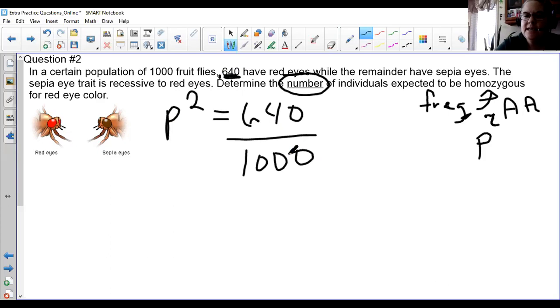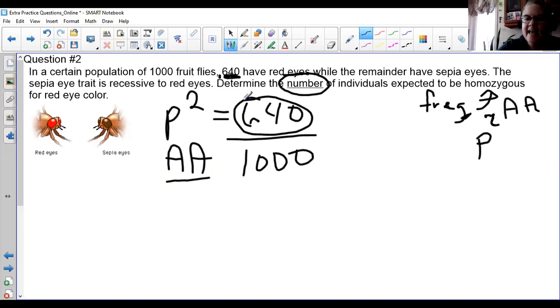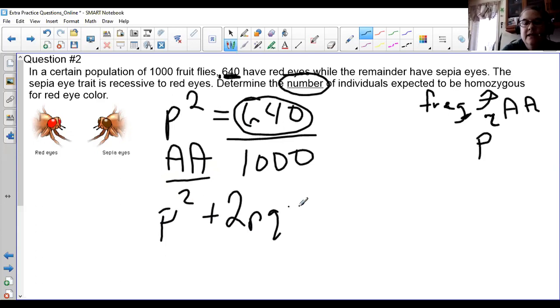But that's not right because p squared is only the individuals that are homozygous dominant. This 640 is individuals that are homozygous dominant and individuals that are heterozygous. So if I wanted to write this properly using the dominant trait, I would have to say p squared plus 2pq equals 640 over 1,000.